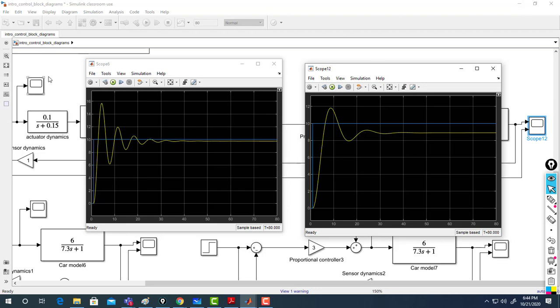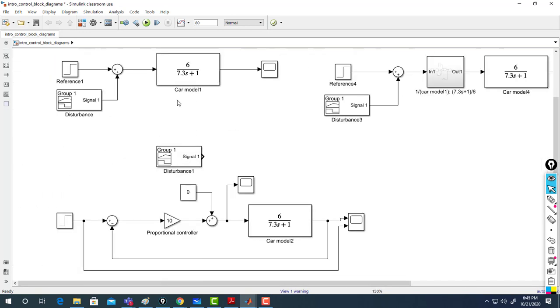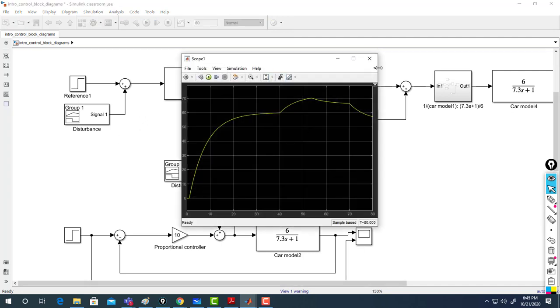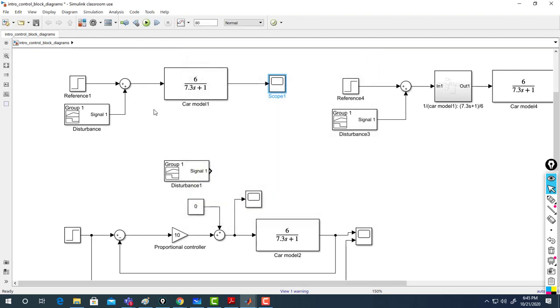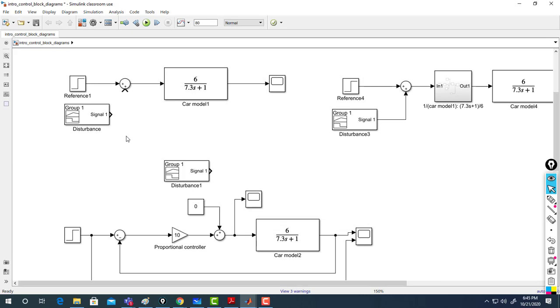This system, this car, is stable without any control. Look at it, just apply an input and look at the output. The system by itself is stable. Of course here I'm having a disturbance, and we have a DC gain of 6. Yes, the system by itself is a stable system.